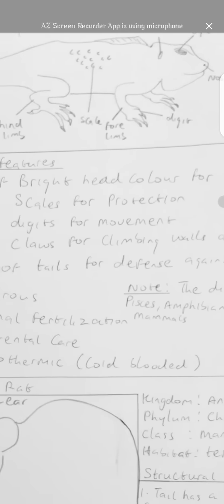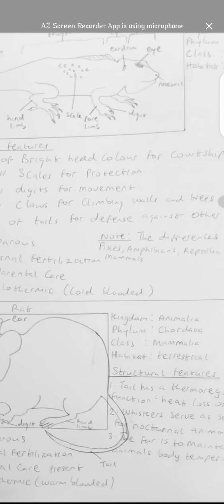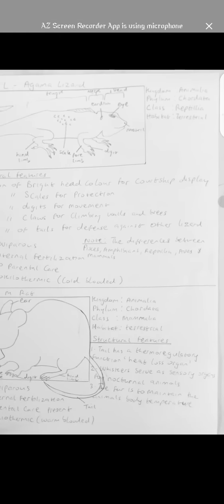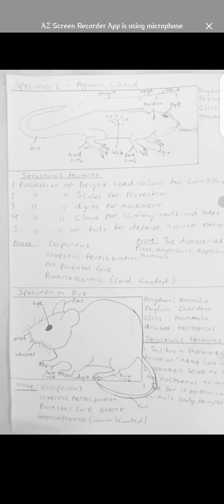So let's look at the structural features. Number 1, possession of bright head color for courtship display. Number 2, possession of scales for protection. Number 3, possession of digits for movement. That's the limb, forelimb or hind limb for movement.